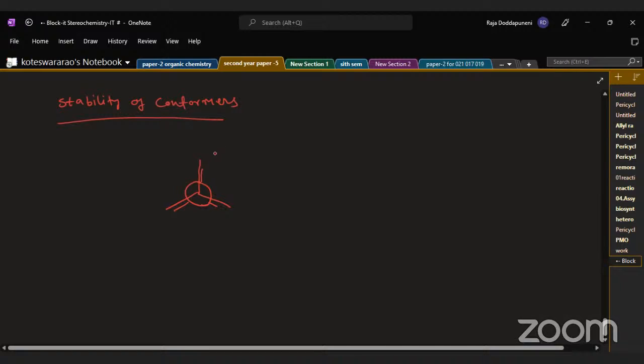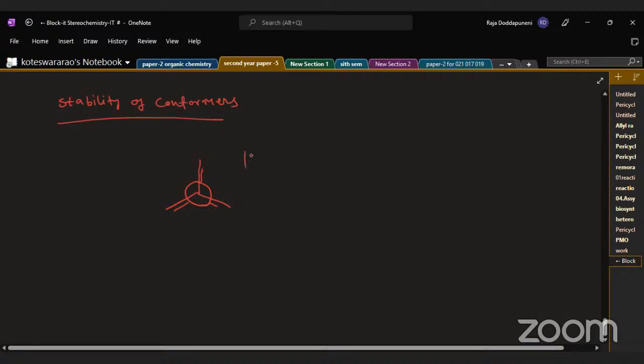Due to this eclipsing of atoms or groups, there will be a repulsion between the electron clouds. Here, these are the two bonds' electron clouds, and due to that there are some repulsions. That is one factor. There is a repulsion between the electron density of one bond and the electron cloud of the other bond.